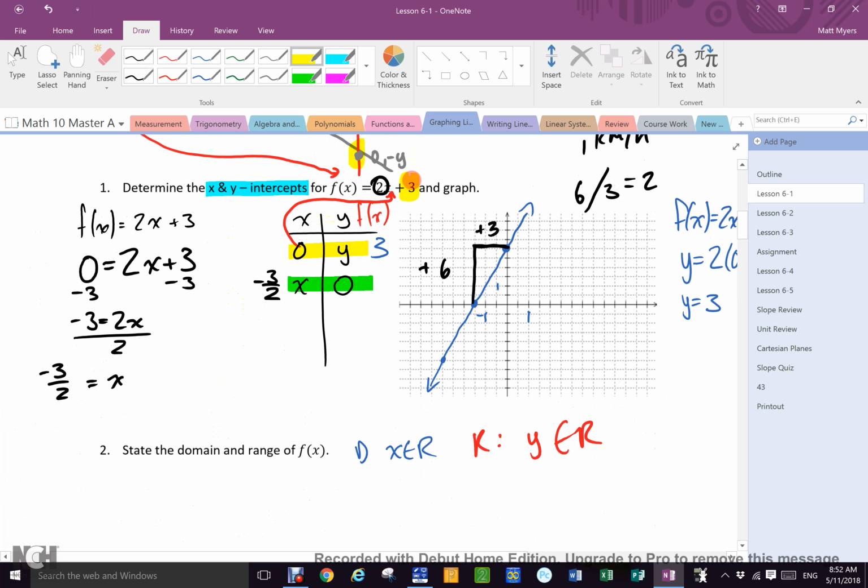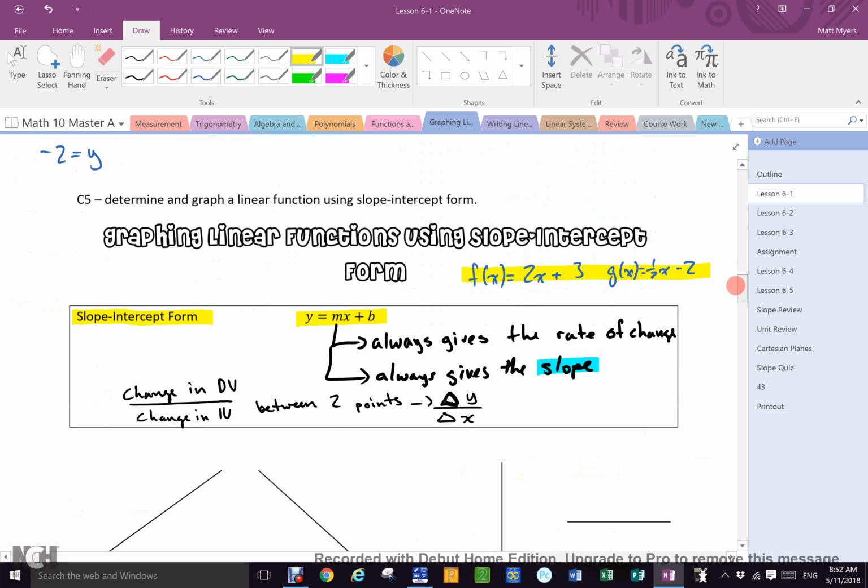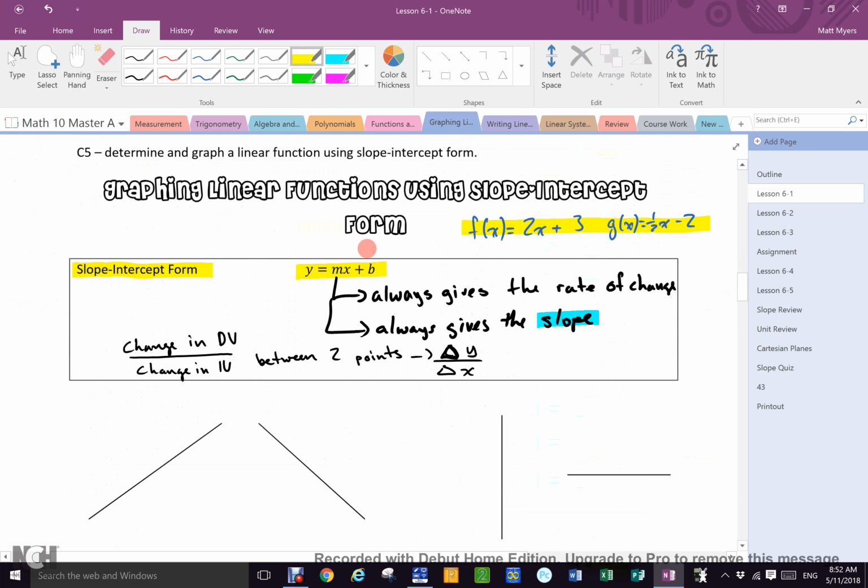What did you have right there? +3. So what then is b? It is always the y-intercept, because x becomes 0 at the y-intercept. Is everybody cool with that?